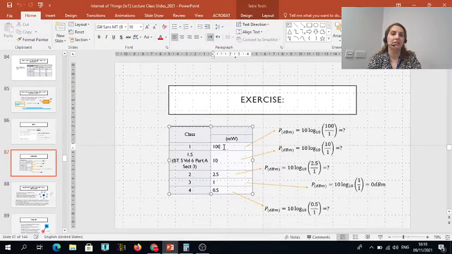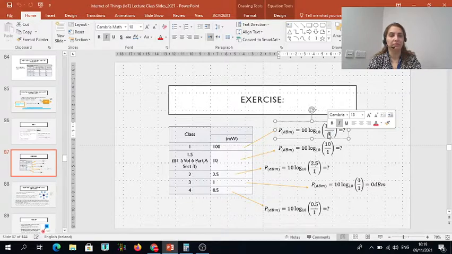But in this case, I'm only providing the maximum output power, which is the P2. And I'm asking for dBm. So the question is telling that you need to put 1 here.